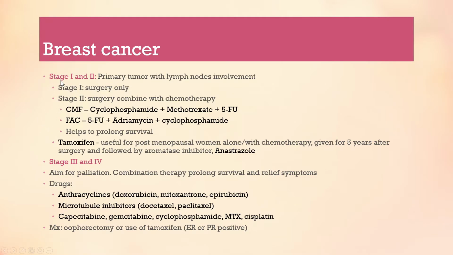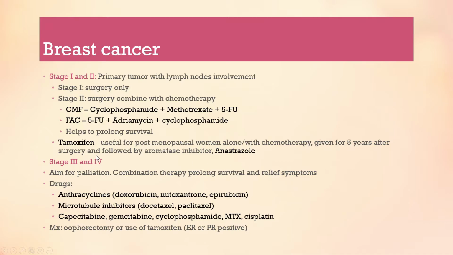For breast cancer, depending on the staging of the cancer, stage 1 cancer is usually treatable with the removal of the cancer, and stage 2 breast cancer is treated by surgical removal with the combination of chemotherapy, CMF and/or FAC. Okay, tamoxifen is useful in postmenopausal women and given for 5 years after surgery, and after 5 years the patient is given anastrozole.